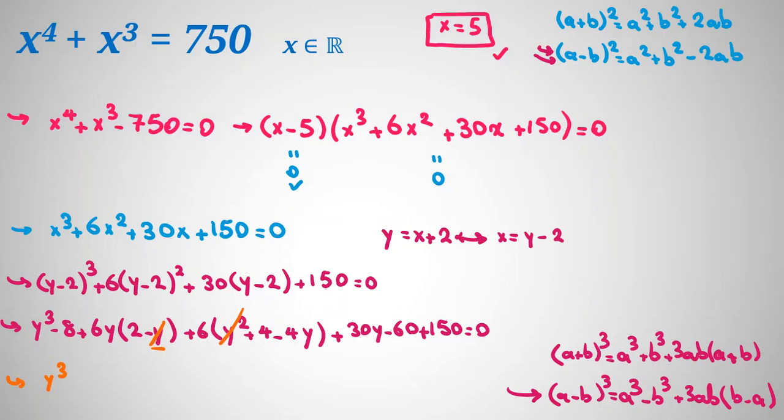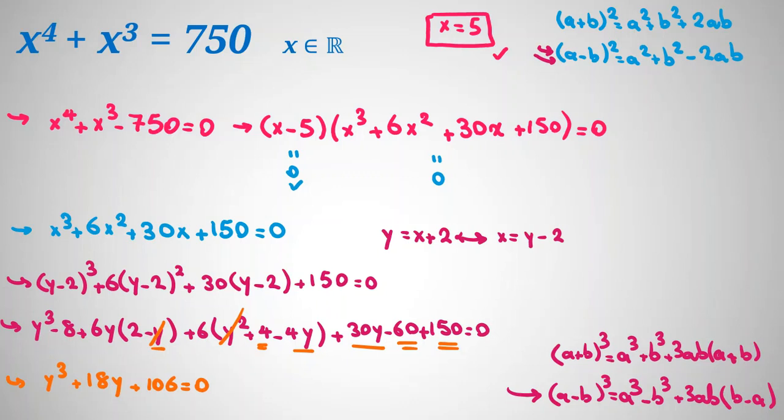For y, we have 30y, negative 24y, which is 6y, plus 12y, which is 18y. Next, the constant term: 150 minus 60 is 90. 90 plus 6 times 4, 90 plus 24 is 114. Minus 8 gives 106, equal to 0. Okay.